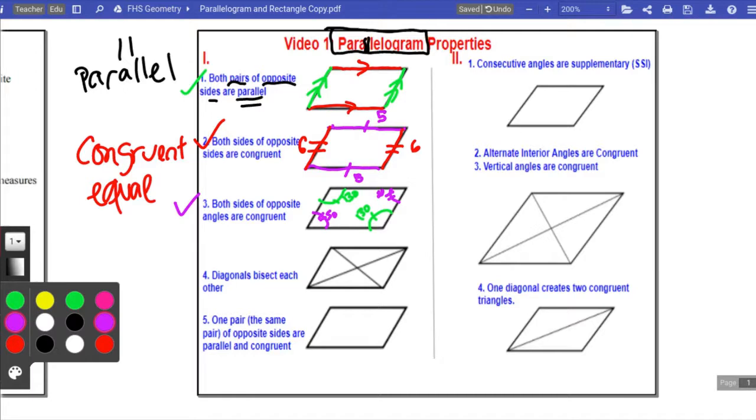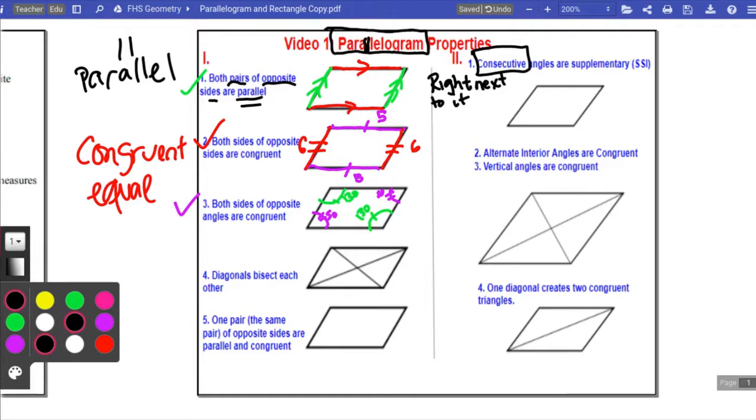This is your note. Let's move on. I'm going to jump to the right side and look at consecutive angles are supplementary. What does that even mean? Let's unpack these vocabulary words. Consecutive. What does that mean? Consecutive only means right next to it, right next to whatever it is.